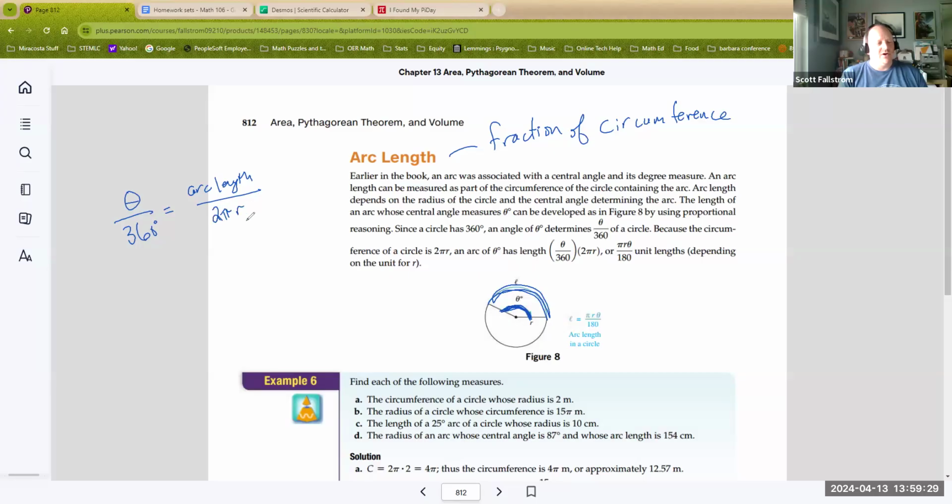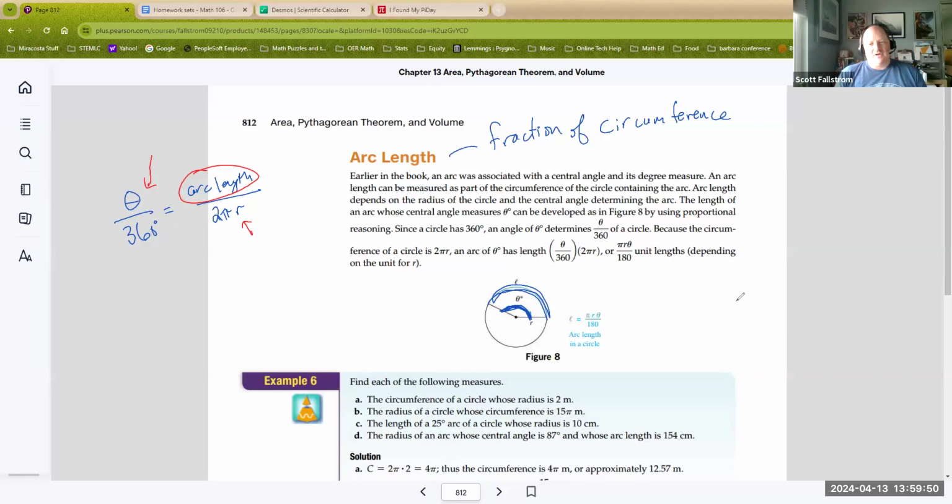2 pi r. So now if you want to look at this as an equation, notice there's an angle that we're missing, and a radius that we're missing. For any problem, if you tell me the angle and the radius, then I could solve this and get arc length by itself.